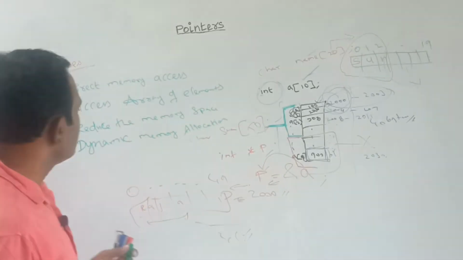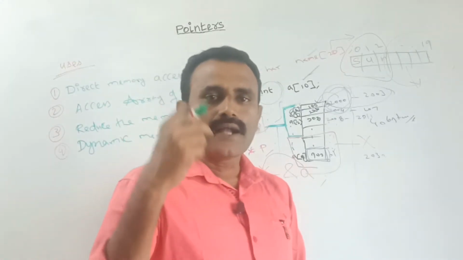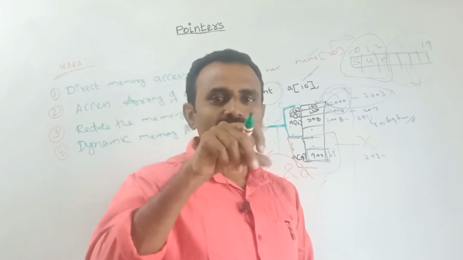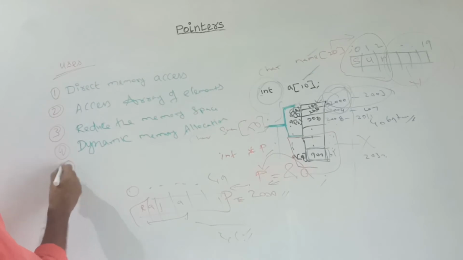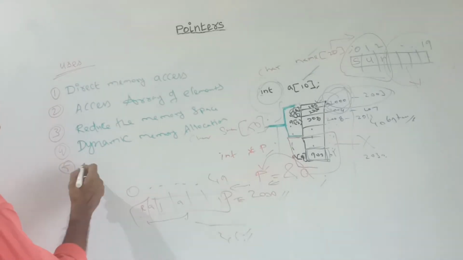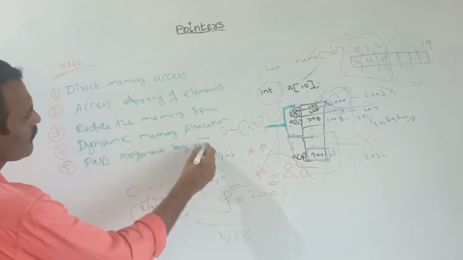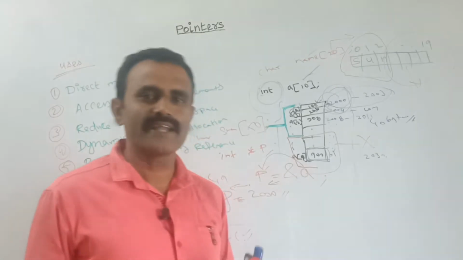We can dynamically, at runtime, allocate the memory, and after that we can store the values for that variable. So this is next. We can pass the argument by reference.